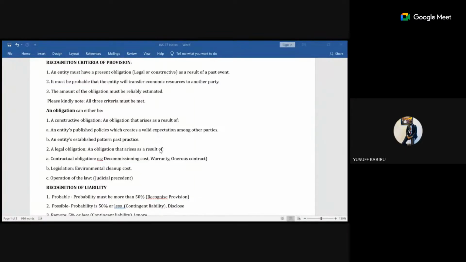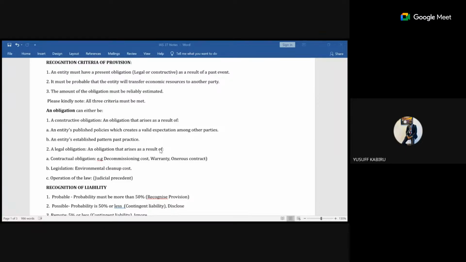That means currently we must be owing that money, whether it is legal or constructive, as a result of a past event. So provision means a debt we have been owing from the past, but currently we have not paid it, a present obligation. Number two, it must be probable that the entity will transfer economic resource to another party.